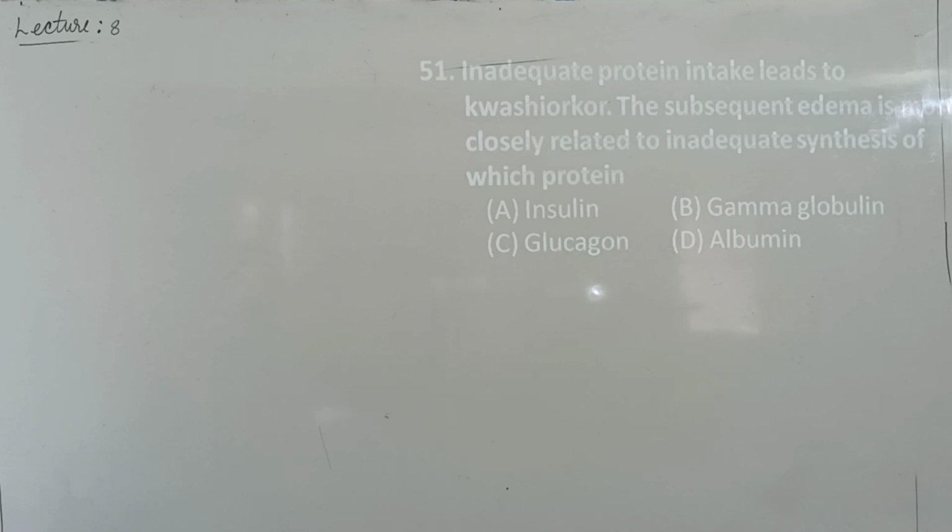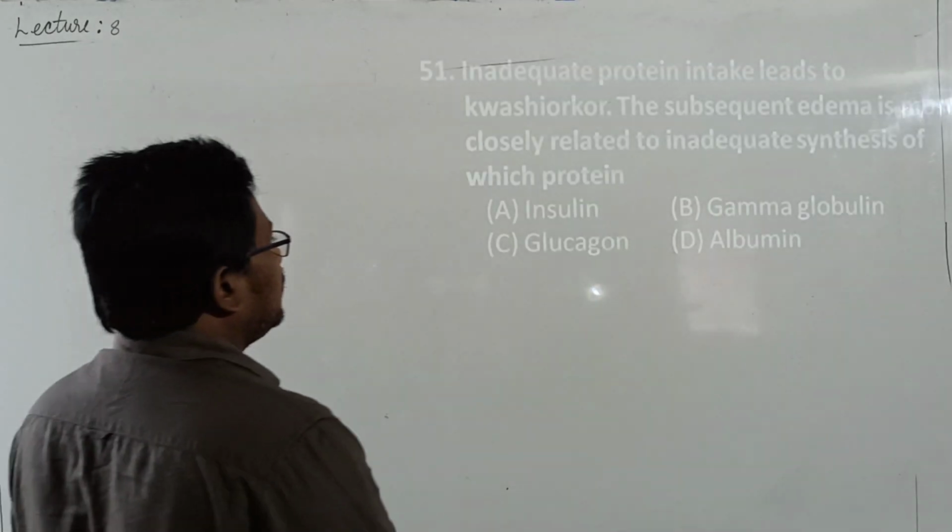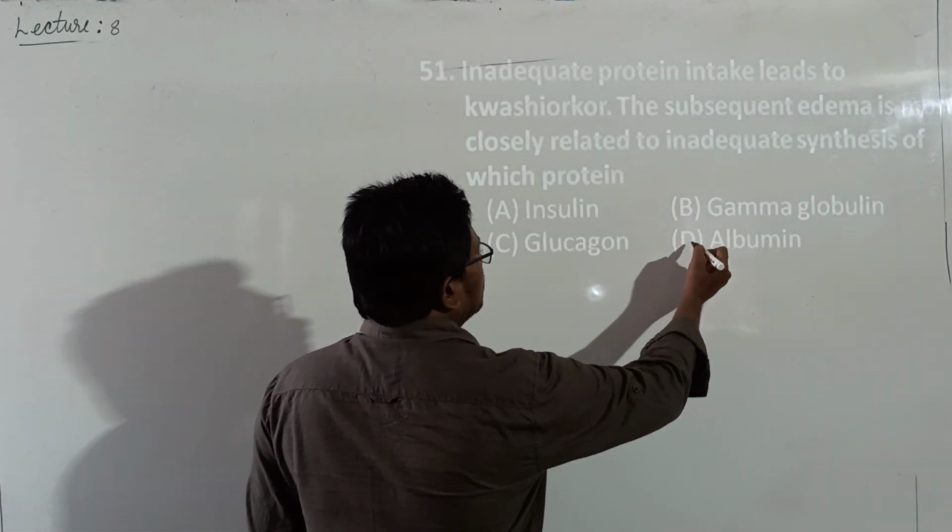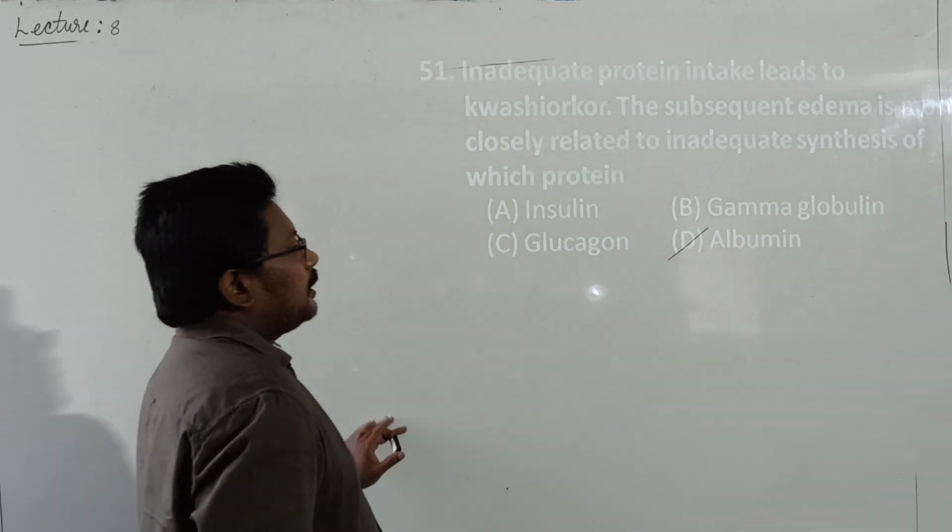The next one, inadequate protein intake leads to kwashiorkor. The subsequent edema is most closely related to inadequate synthesis of which protein? In this case it is albumin.